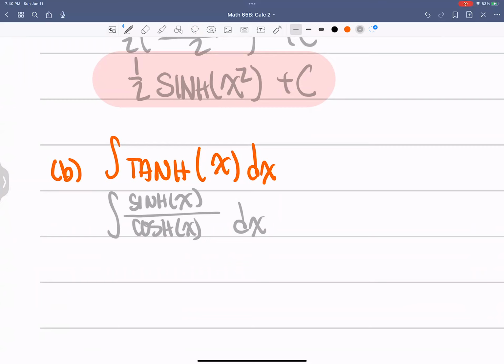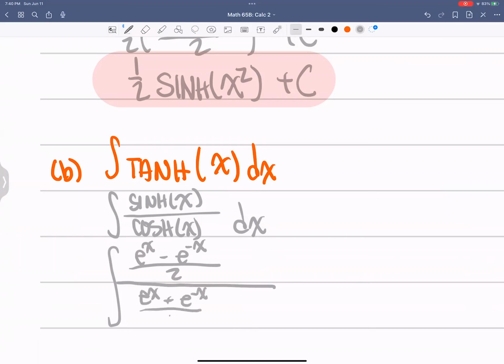And now from here, let's look at the actual hyperbolic functions. I'm going to give myself a little bit more room. e to the x minus e to the negative x over 2, over e to the x plus e to the negative x over 2, dx.